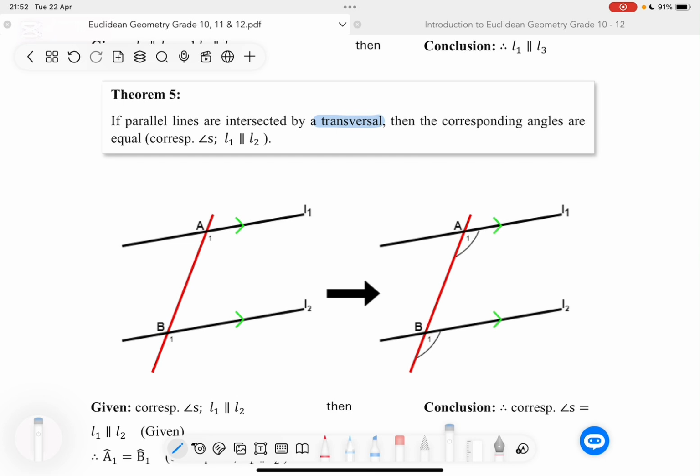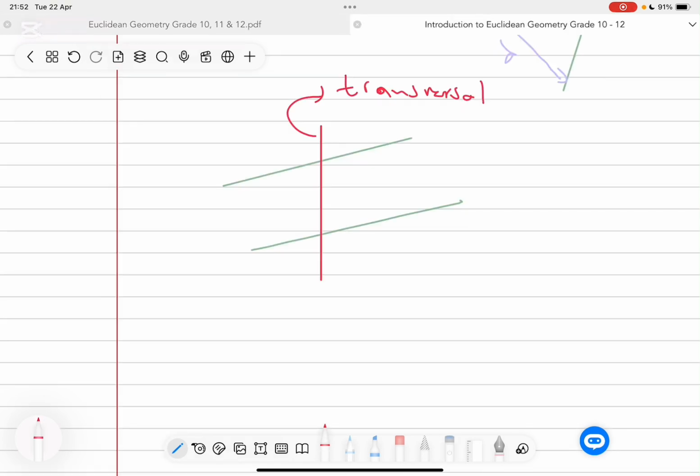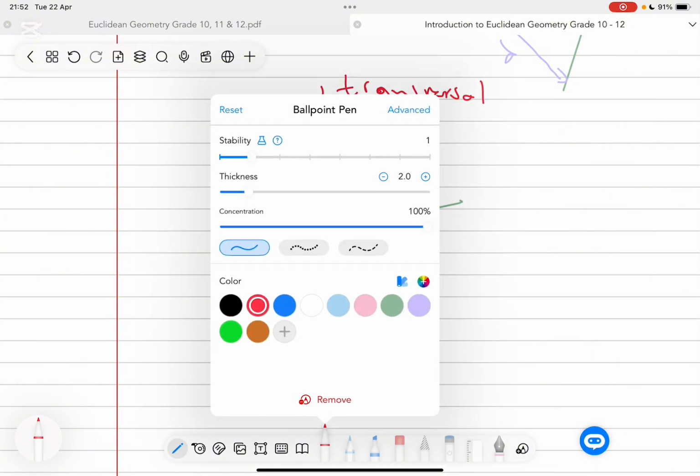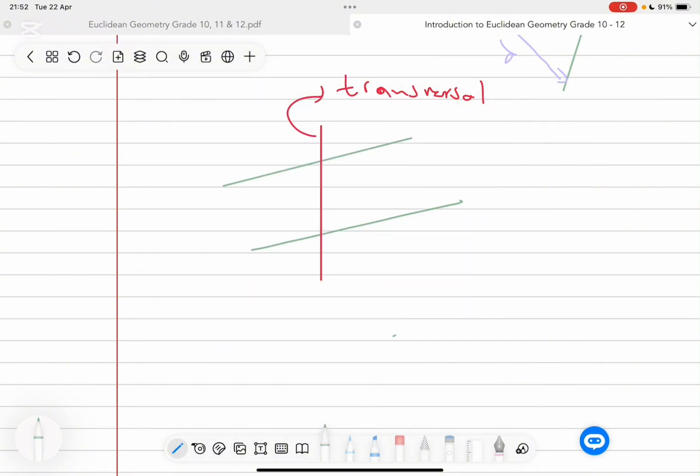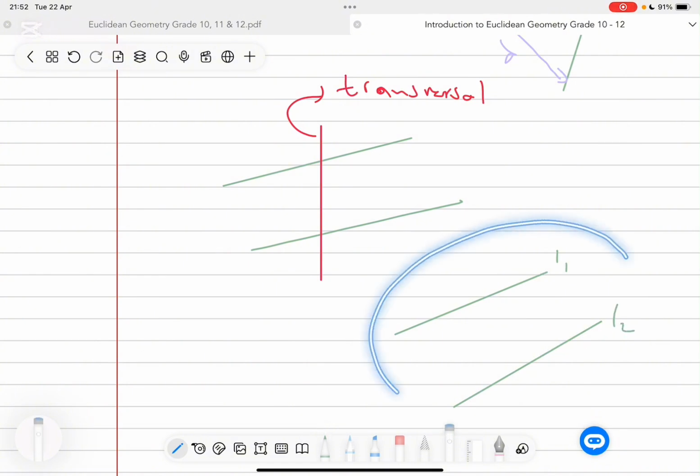Let me draw them this side to make my point. If I have line 1 and I have line 2 like that, these two lines are just parallel to each other, meaning they'll never cut each other, and there's no angle between them.